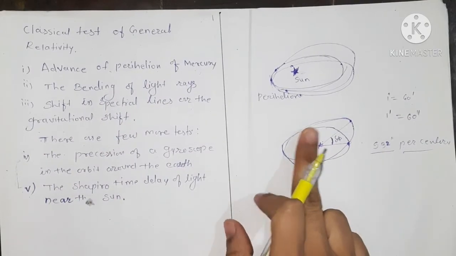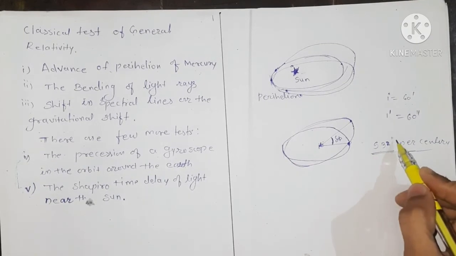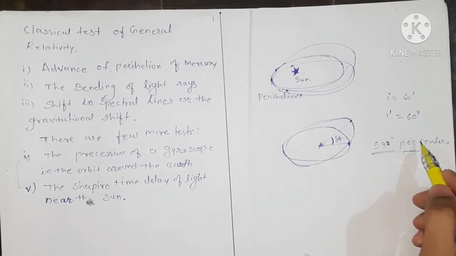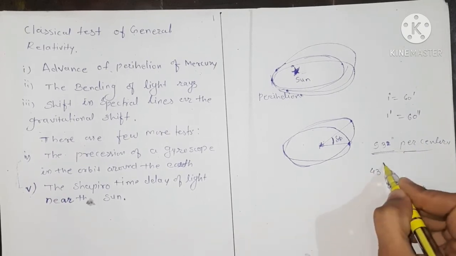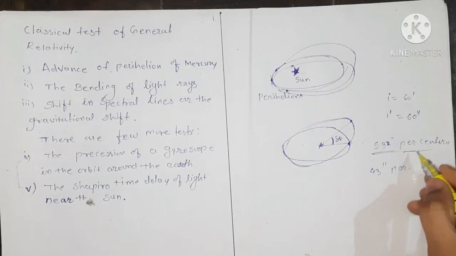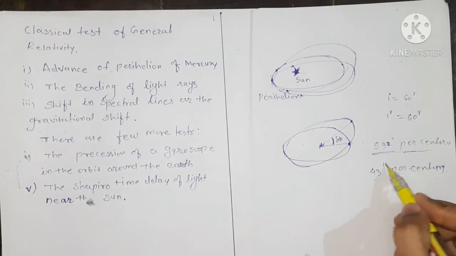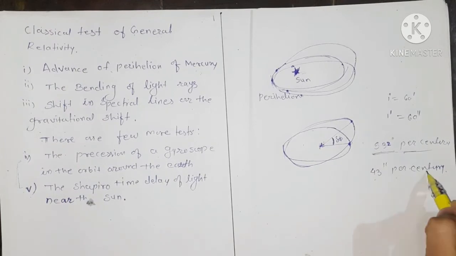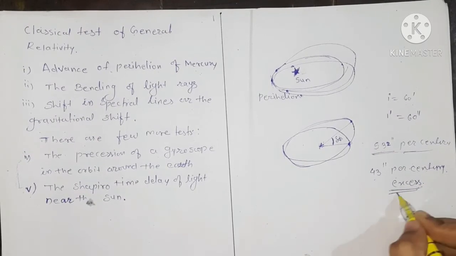orbit, right? For Newton's theory, it is 532 seconds per century, and the excess, that is 43 double dash per century, 43 seconds per century, is the excess which is not predicted by the Newton theory.